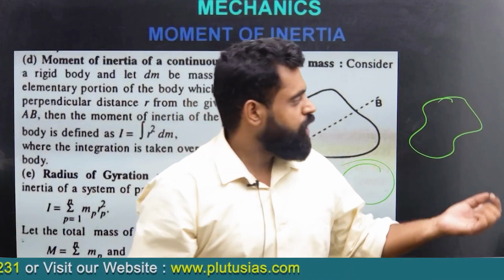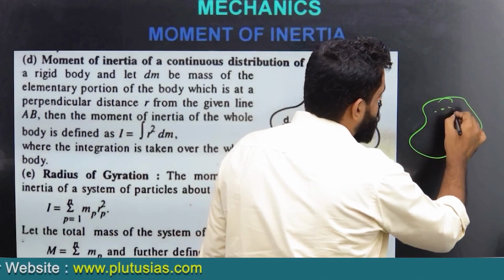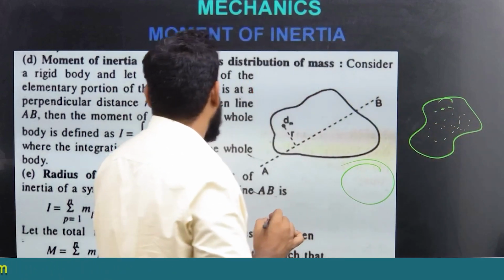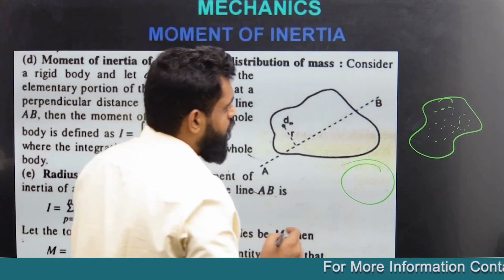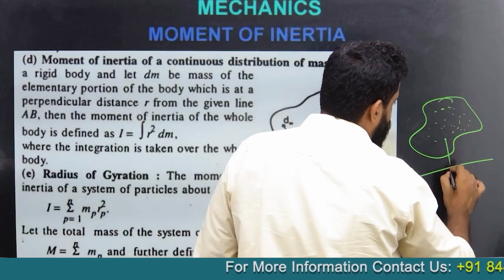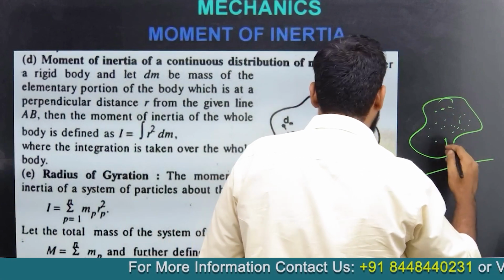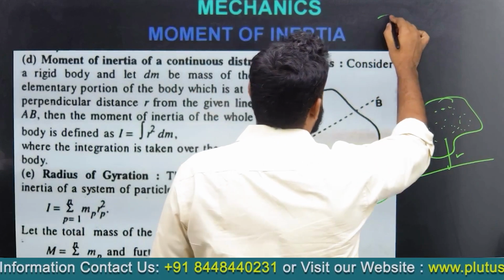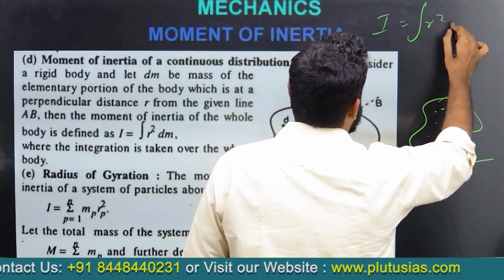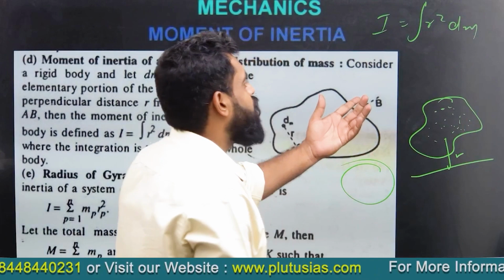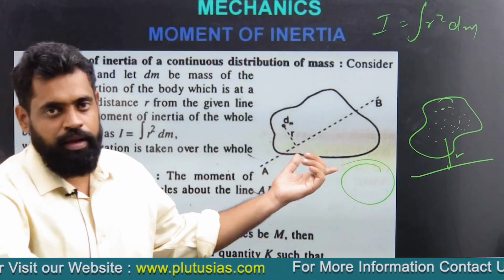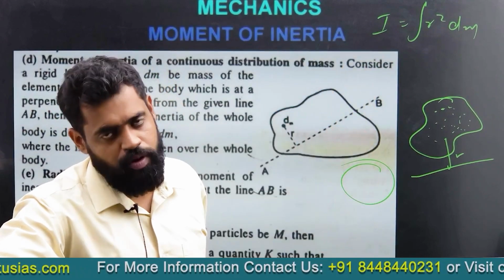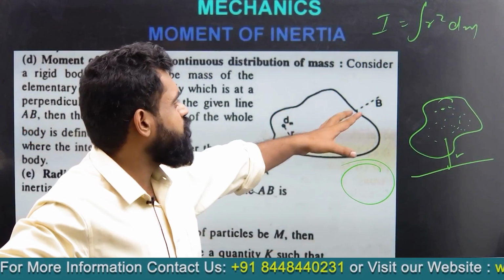We divide this into smaller particles, and from an axis, suppose a particle has a distance r, then the moment of inertia would be I equals integration r square dm. This r could be constant for each particle, or r would vary with m. In any case, this is the case for a continuous body.